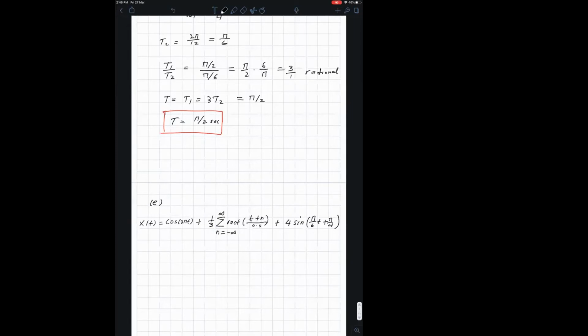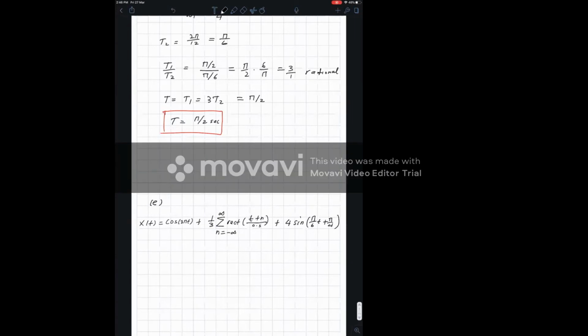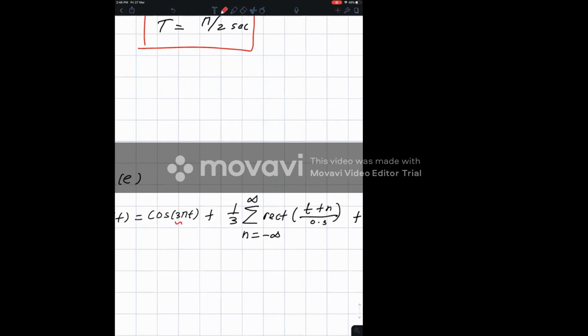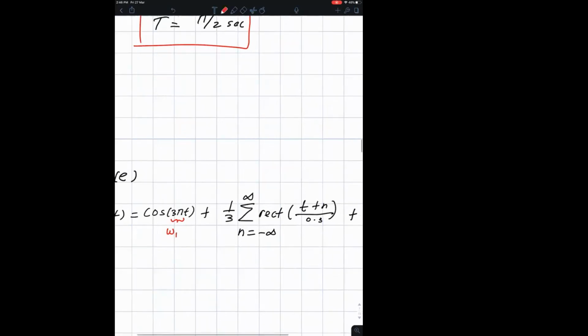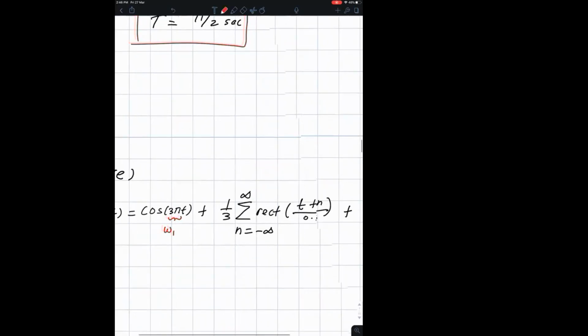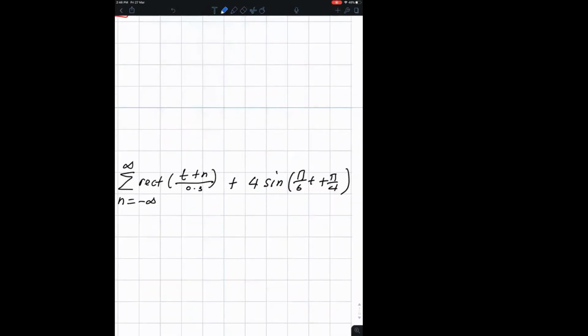So anything that's multiplied with T is omega 1, right? Then this one is also a sinusoidal part. There are 2 parts here. This is the phase.